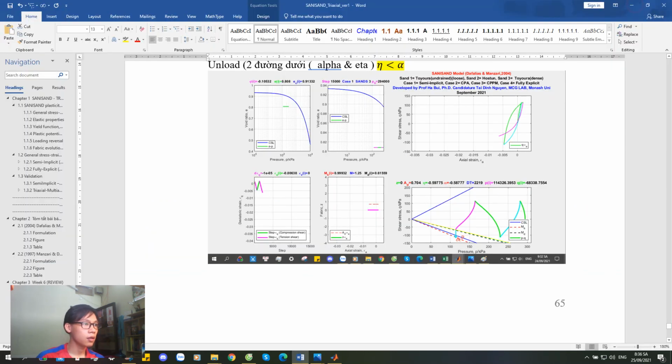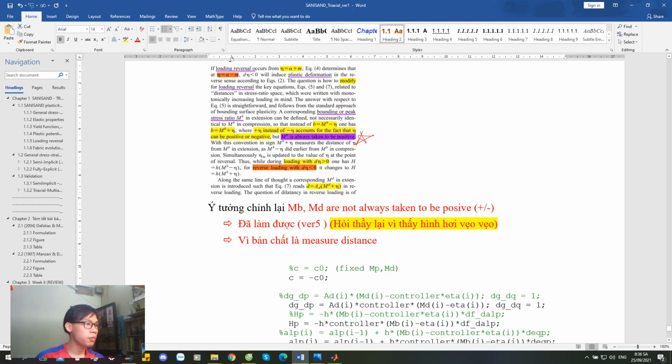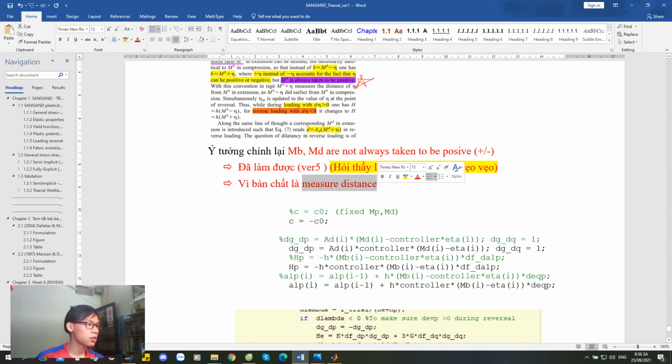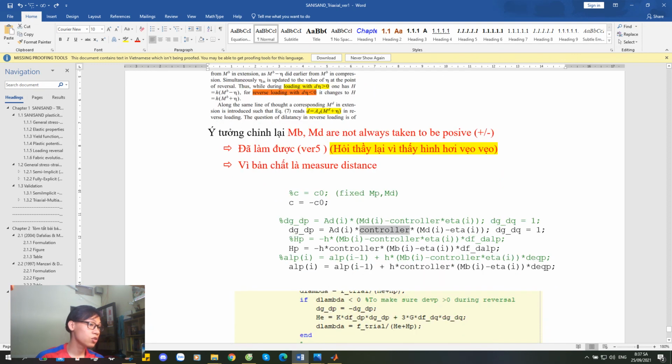And finally is MB. The MB and MD are not always taken as positive. Okay, it's a method distance. I taught you, you can change this in the code and it will work. The controller over there, like minus changed to plus, but when I change the minus over there, it still works.